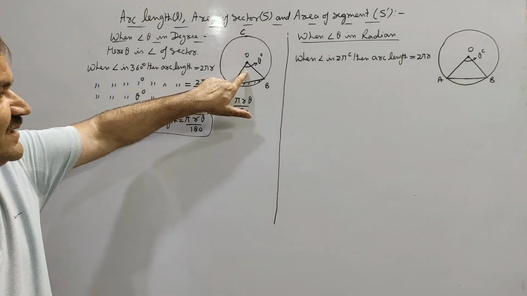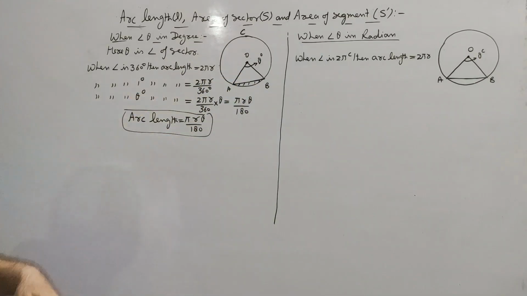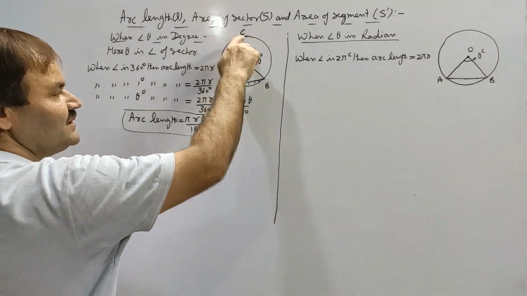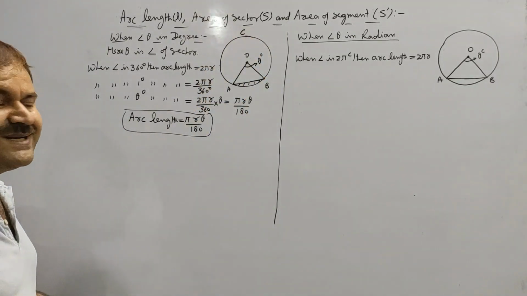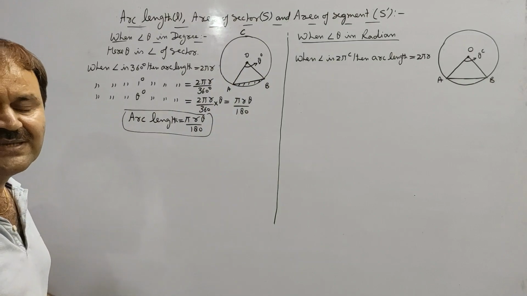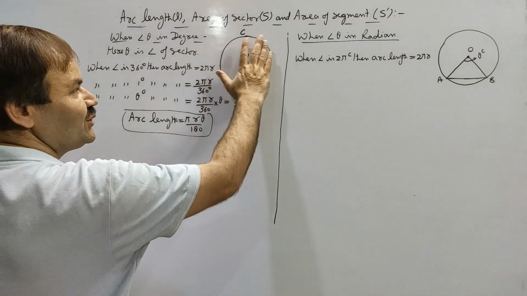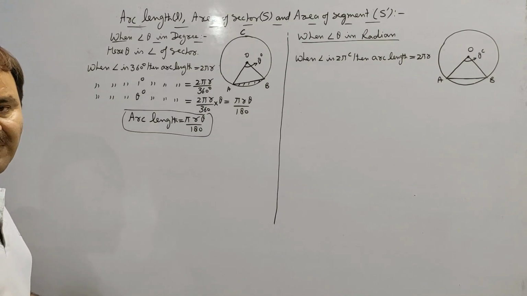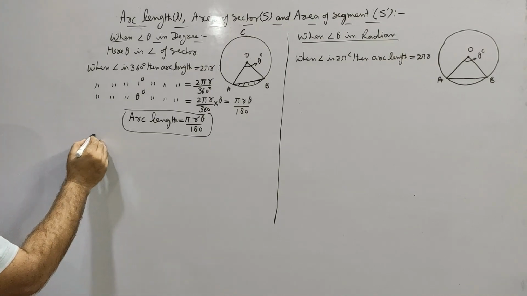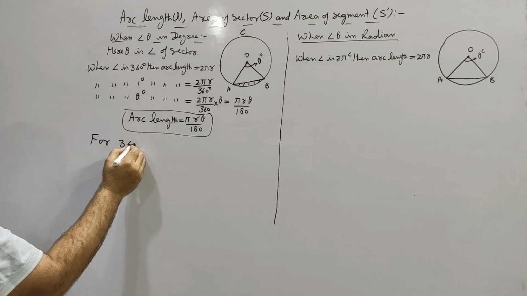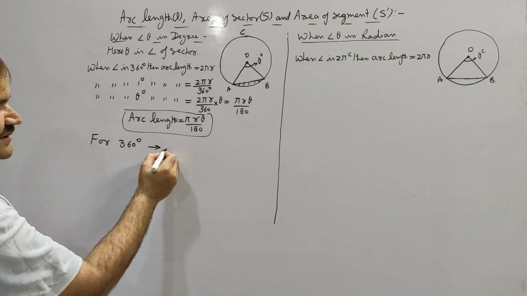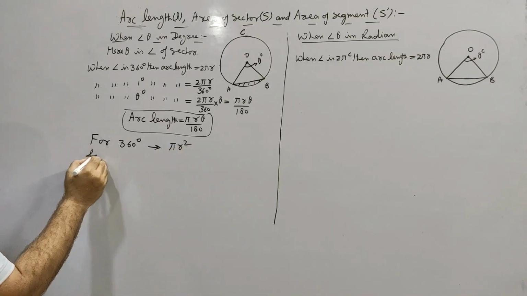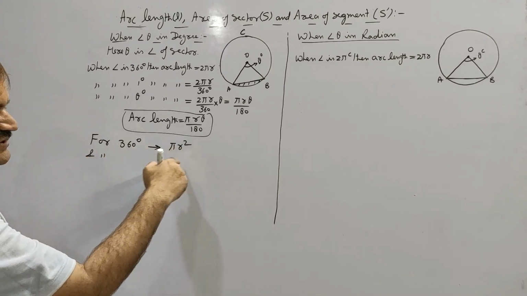If the angle of the sector is in degree, then we can also determine the area of the sector. If we consider the total angle subtended by the circle at its center, that is 360 degree, the total area occupied by the circle is pi r square. So for 360 degree the area is pi r square, and for 1 degree it is pi r square by 360.